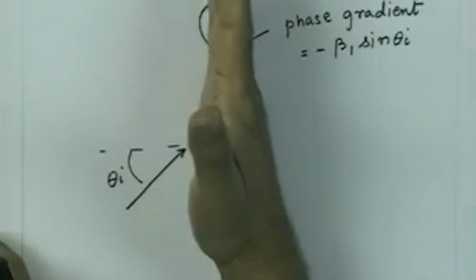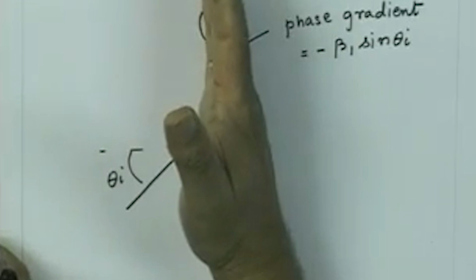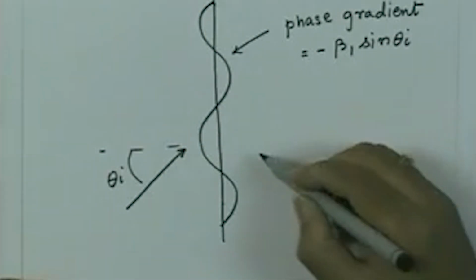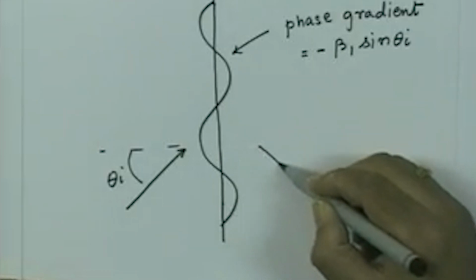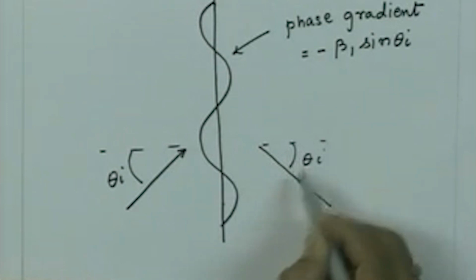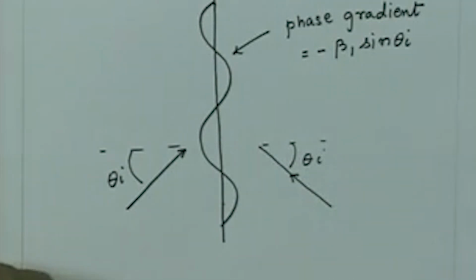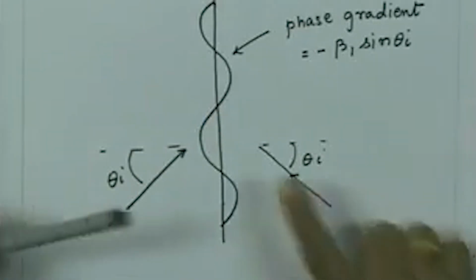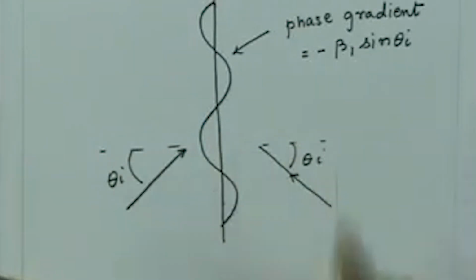Now, if I consider this dielectric interface, it will be immediately clear to you that even if the wave was incident from this direction exactly at the same angle, this angle same as theta I, it also creates exactly the same phase gradient, because they are making exactly the same angles with respect to the normal.